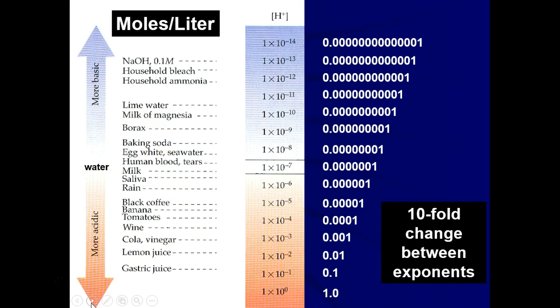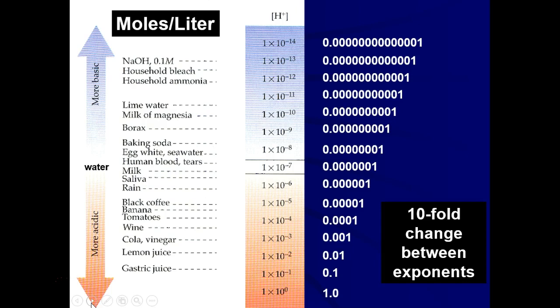So sodium hydroxide would have 1,000,000 times less hydrogen ions than water does. As you can see, between the exponents, there's a tenfold change.